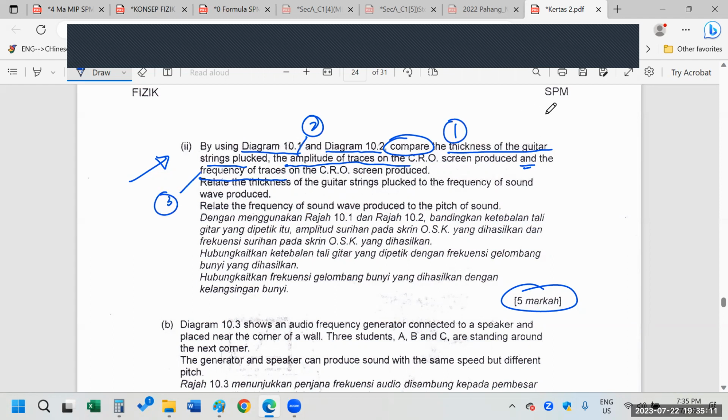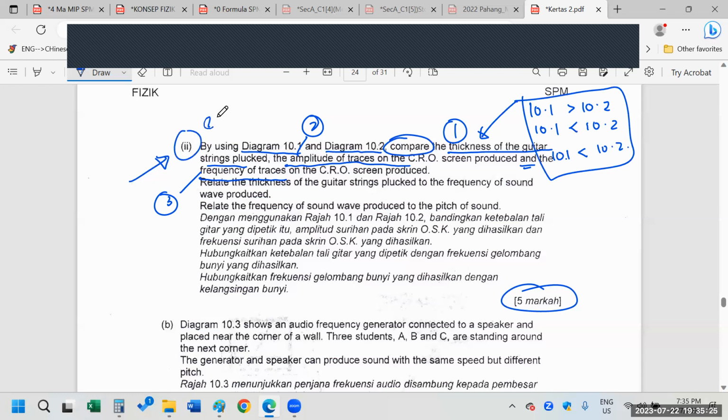So if you just write 10.1 bigger than 10.2, 10.1 smaller than 10.2, 10.1 smaller than 10.2, in some essay question it seems not clear, because this question has 3 answers.